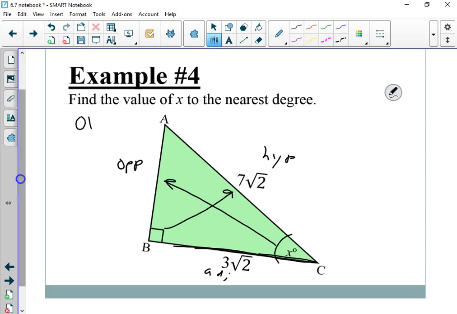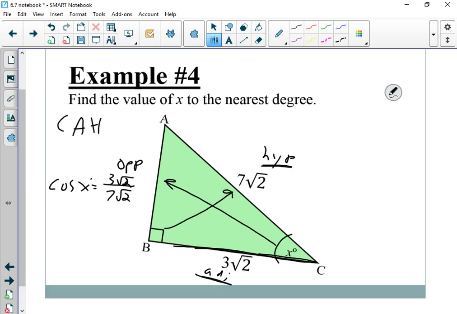So I have O, which is SOH, sine of x equals... opposite, I'm sorry, I don't have O, losing my mind. I have adjacent and hypotenuse, that's cosine. So I'm going to do cosine of x equals adjacent 3 root 2 over 7 root 2.